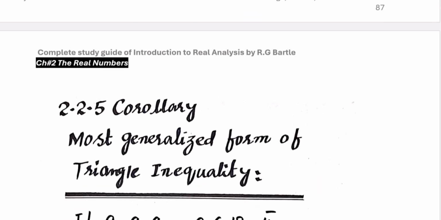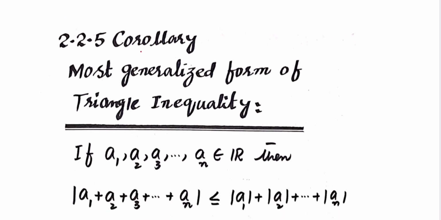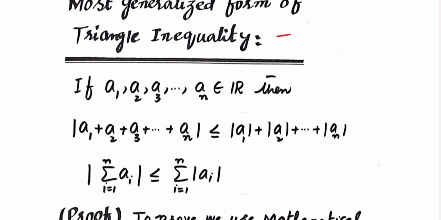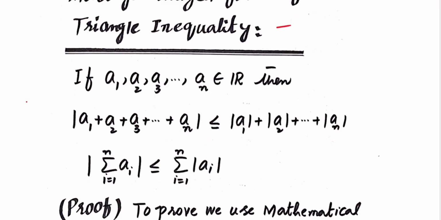In the last result, we will prove corollary 2.2.5. Actually, this is the most generalized form of the triangle inequality. You can generalize the triangle inequality for any finite number of real numbers. It does not hold for only two real numbers.